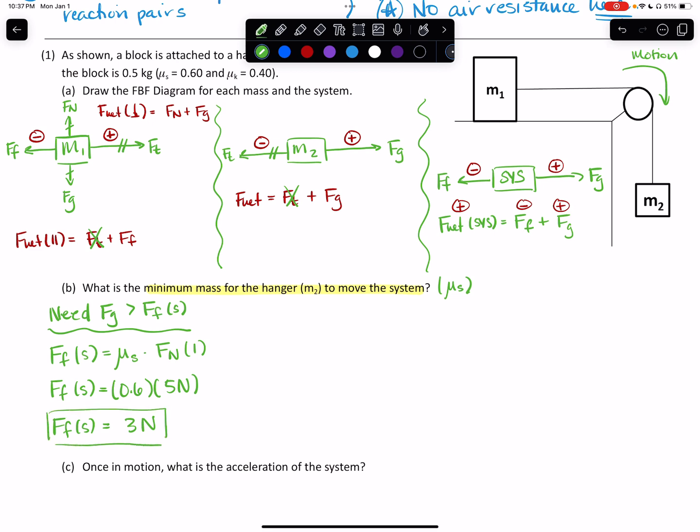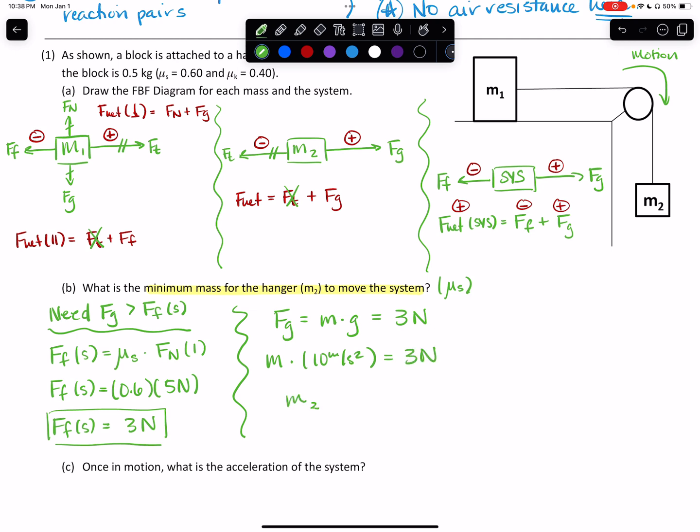Now I know that I need the Fg value to be just slightly greater than that frictional force. So I'm going to figure out what the mass would be for it to be equal to that frictional force, if that makes sense. In other words, I know that gravitational force is equal to mass times gravity, and I need that to be equal to 3 newtons, because that's going to be right where we can start moving the object. So the mass times gravity, 10 meters per second squared, equals 3 newtons.